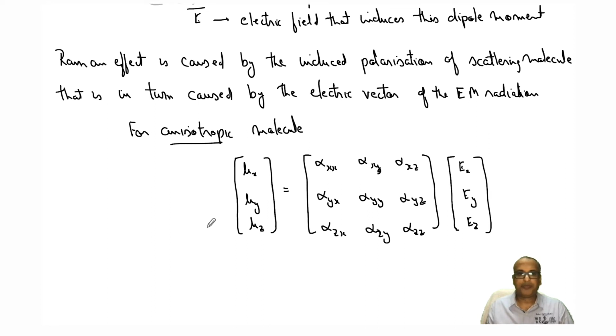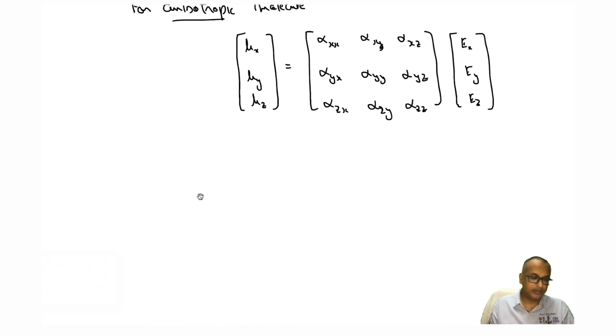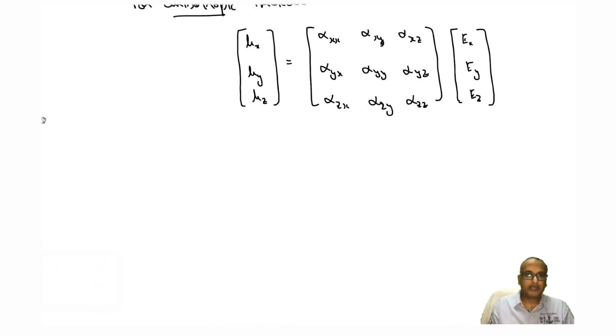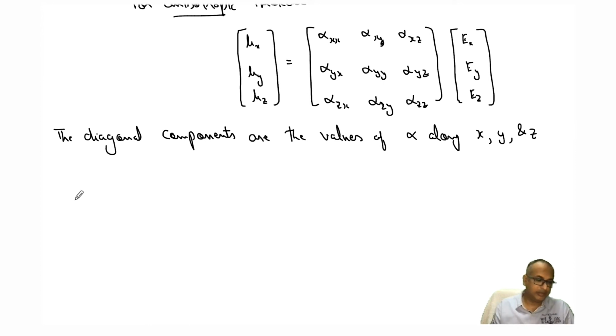So it is the same thing you had written there, now written in terms of a matrix. The diagonal components are the values of alpha along the x, y, and z axis of the molecule.